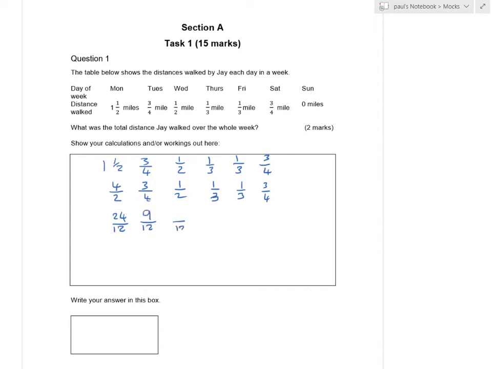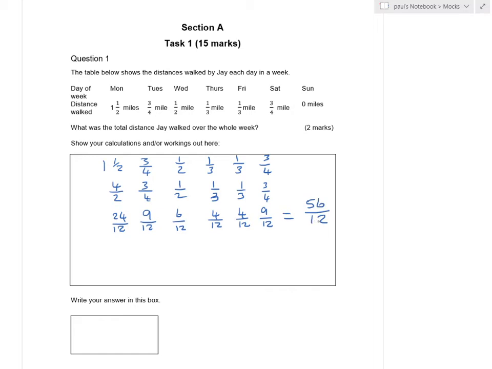Twelfths multiply by 4, which is 4, and so on. So the answer is all going to be in twelfths. So I've got 24, 33, 39, 43, 47, 56. So I've got 56 twelfths.